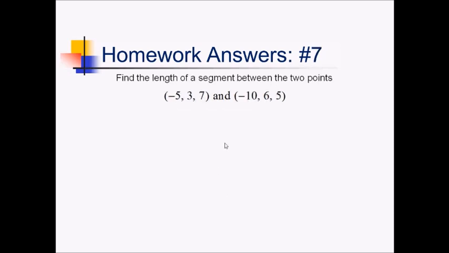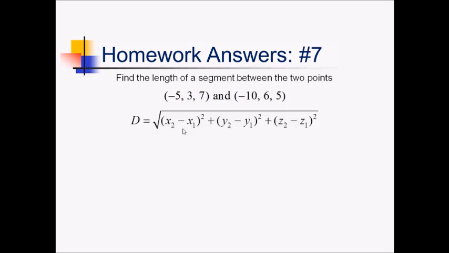For this problem, we just want the distance between these two three-dimensional points. So we're going to do the square root of, and now we have to do x2 minus x1. I'll just write out the formula here. x2 minus x1 squared, y2 minus y1 squared, plus z2 minus z1 squared. So we've got negative 10 minus negative 5, or plus 5, being squared. And then we have plus 6 minus 3 squared, and then plus 5 minus 7 squared.